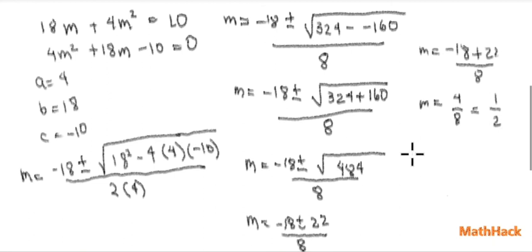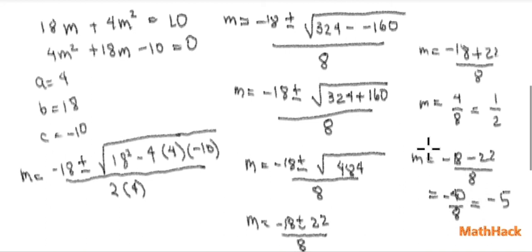And then, the other one, we have m is equal to negative 18 minus 22 all over 8. Negative 18 minus 22, i-add natin yan. No? Negative 18 minus 22 is negative 40. Negative 40 divided by 8 is equal to negative 5. Okay? So, ang mga solutions ng given equation natin ay positive 1/2 tsaka negative 5.